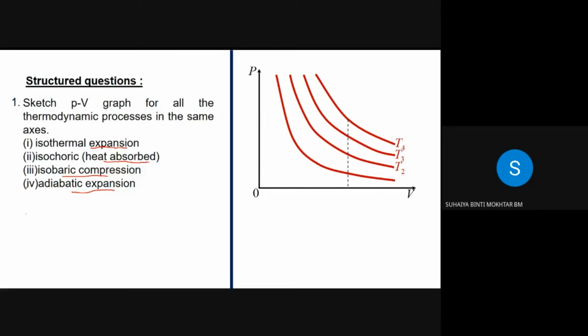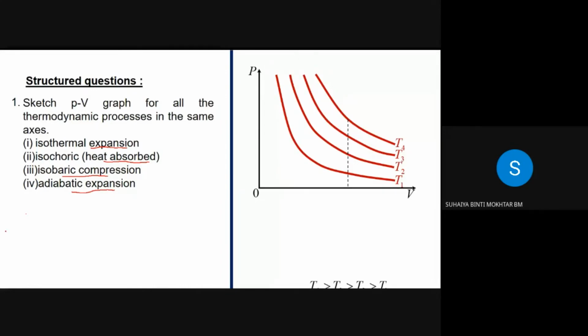Okay, so kita refer to graph PV. So T4 is greater than T3, right? Greater than T3 greater than T2 and T2 greater than T1. Okay, so isothermal, okay, mana-mana, tapi arrow kita mesti menuju ke mana? Expand. Expand arrow kita mesti mana? Ke bawah. Tak kira awak ambil yang mana lain ni. Okay.